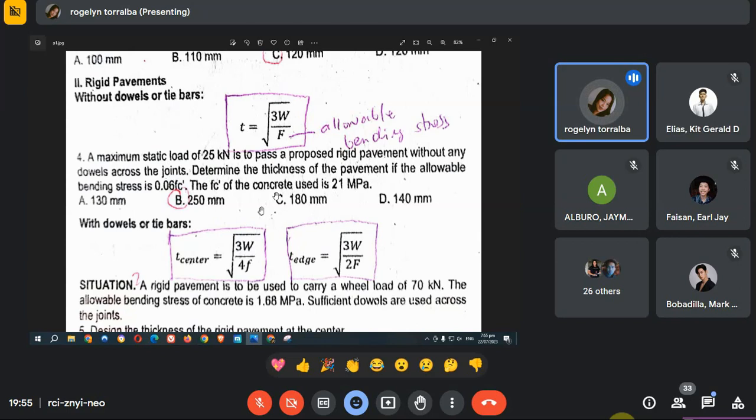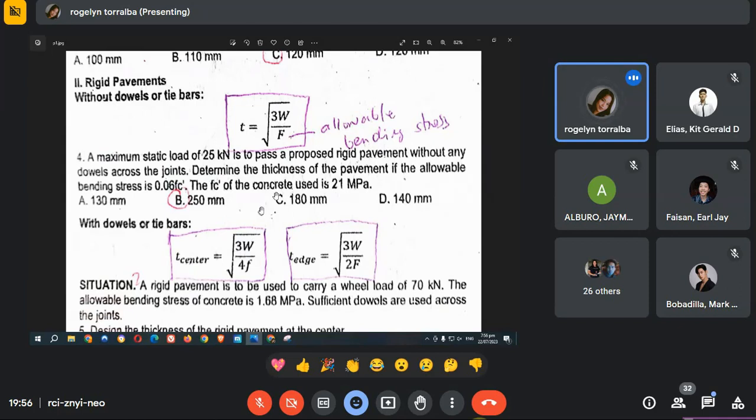Okay, when we say rigid pavement, it is not flexible. This is self-explanatory. Rigid, it is not easily deformed when heavy equipment like dump trucks, backhoes, and cars pass, whenever a moving load passes through it.